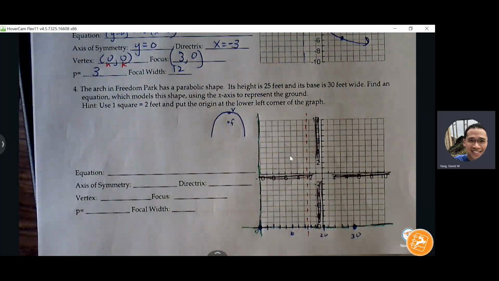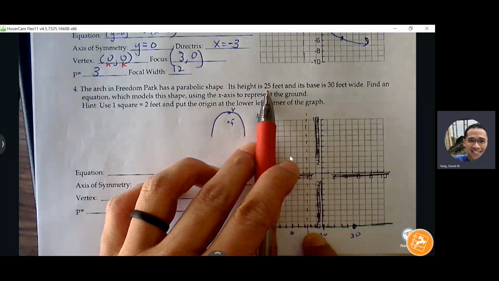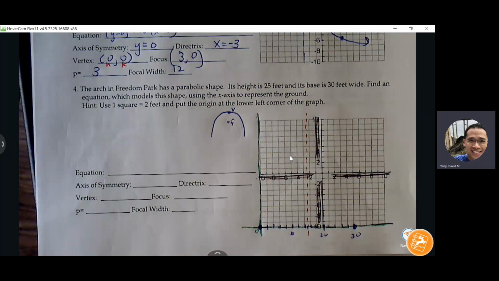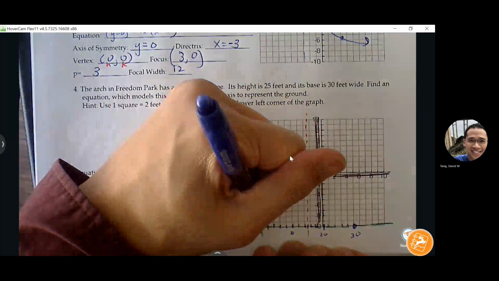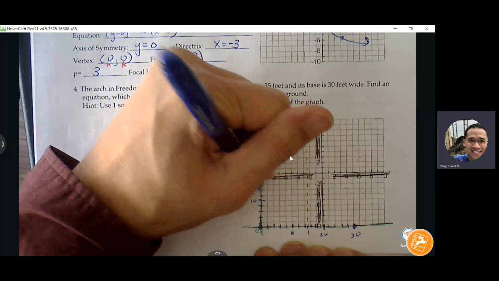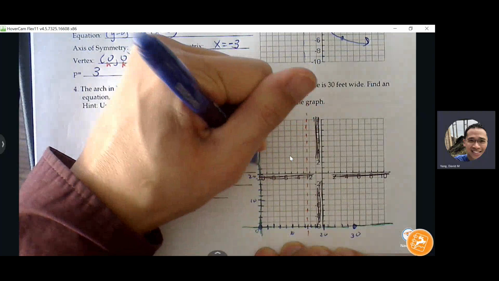And then from the ground, I'm going to count up. Height is 25 feet. Again, I'll go up by 2s. 2, 4, 6, 8, 10. 2, 4, 6, 8, 10. 2, 4, 5.